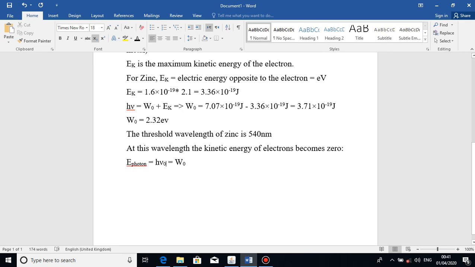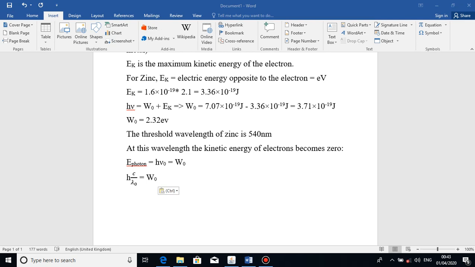So h nu 0 is equal to W0. Also I can calculate W0 from here. Also this formula is true because the frequency is equal to speed over wavelength, then hc over lambda 0 is equal to W0. This is why we say that the threshold frequency is the least frequency capable to extract, and lambda 0 is the maximum wavelength capable to extract, because they are inversely proportional.